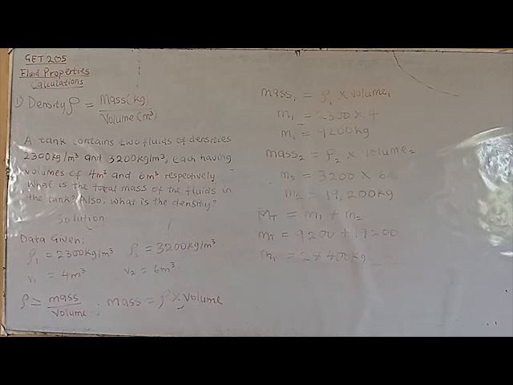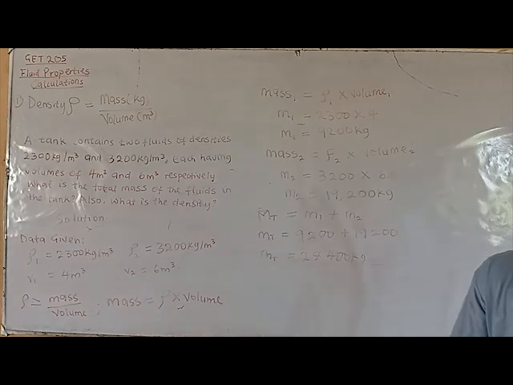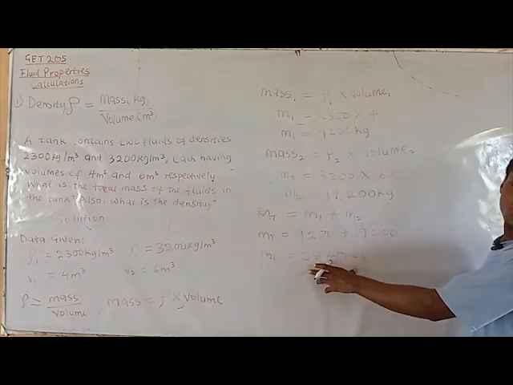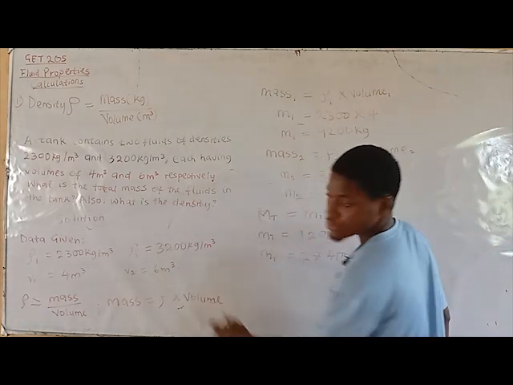Now, for us to know the average density, what is the density of the fluid? We will now do the total mass divided by the total volume.